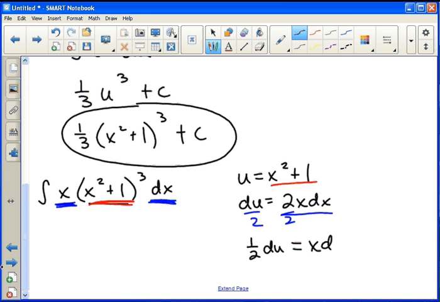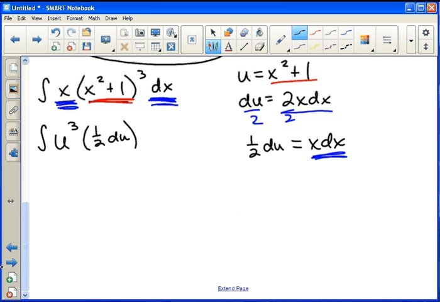I have x dx over here, and I have x dx over here. So I can trade them in. So now I'll go ahead and substitute what I see. I'm going to put x squared plus 1 as u, and x dx as 1/2 du. Okay, so that's it right there.